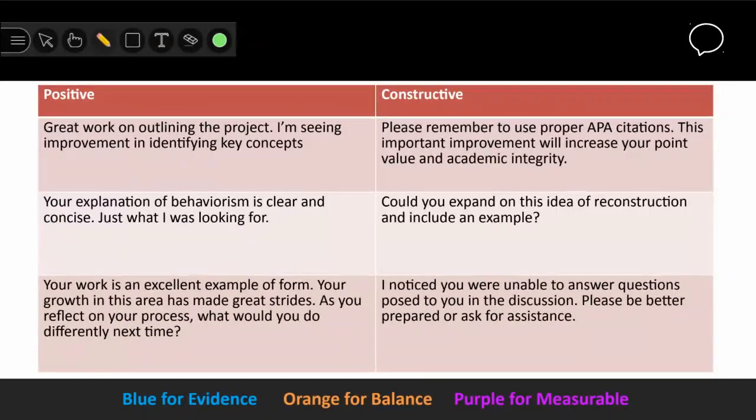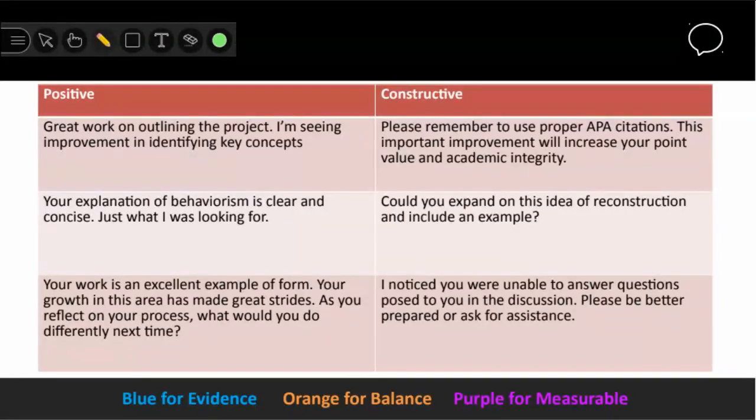Okay, and so if you look at some of these, you can go through it and take the tools at the top of your Blackboard screen, and you can circle. Blue is for evidence, orange is for balance, and purple is for measurable.